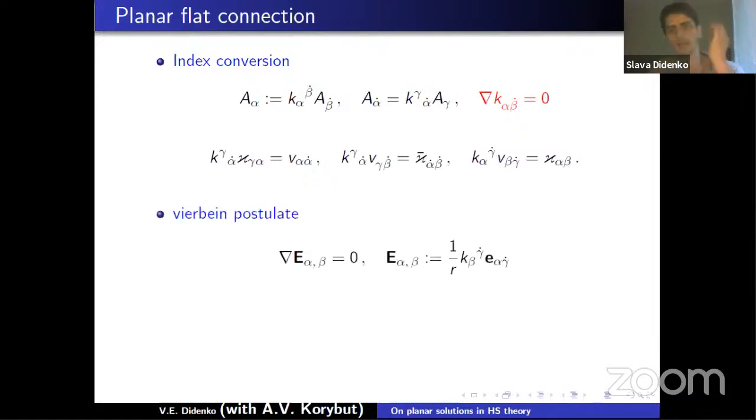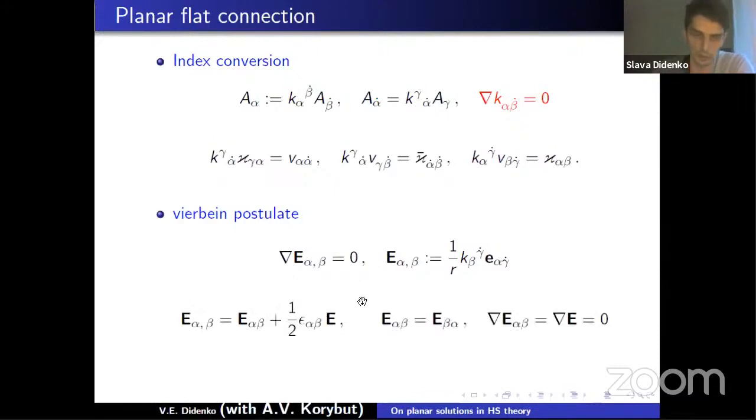Okay, so then another property of that connection is that you can find some analog of the Vierbein postulate: if you introduce the one form constructed out of the AdS Vierbein properly normalized, then it turns out to be covariantly constant with respect to Nabla.